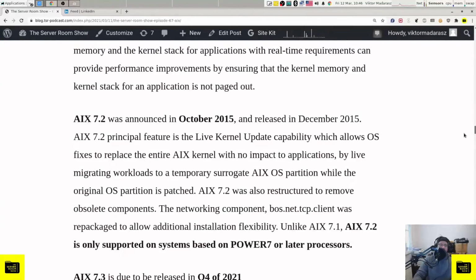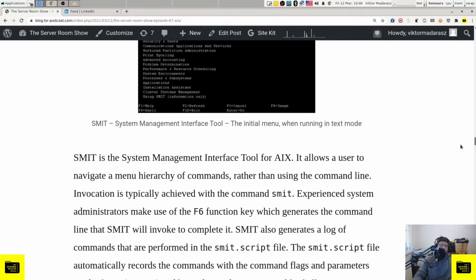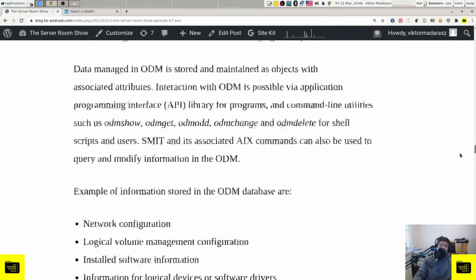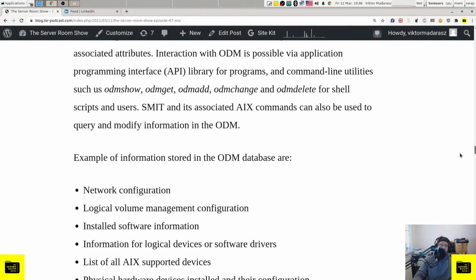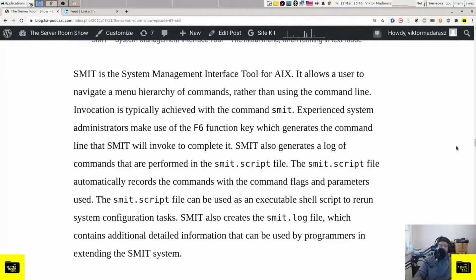I started to comment on one of the tools of AIX, which is called SMIT, System Management Interface Tool, and that you can interact with the system using this tool, through the terminal or as a GUI application if you wish, if you are under an X Windows system, and you can use it not just to configure certain things but to learn a lot about AIX.